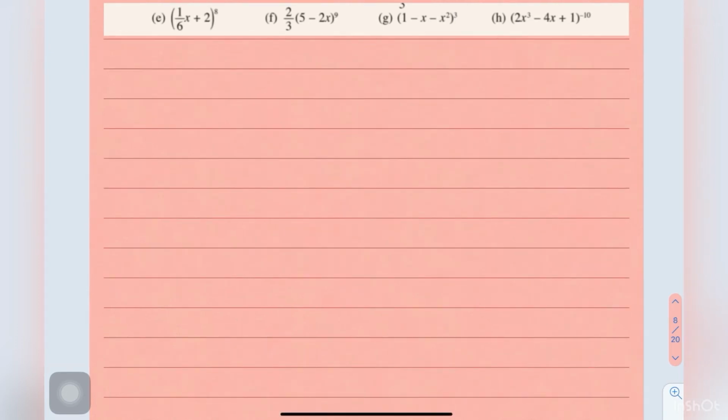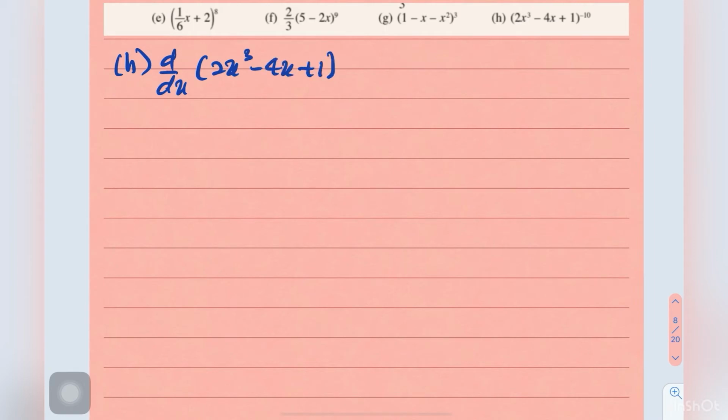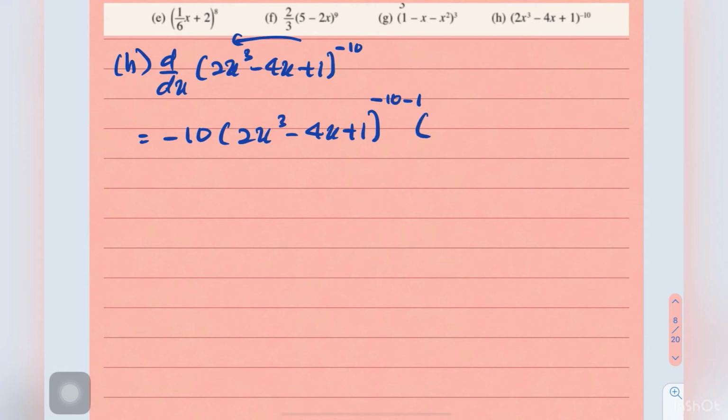The last one for question 1, H. Differentiate (2x cubed minus 4x plus 1) to the power of negative 10. Okay, so differentiate, we get negative 10 (2x cubed minus 4x plus 1) to the power of negative 10 minus 1, differentiate another time, we get 6x squared minus 4.